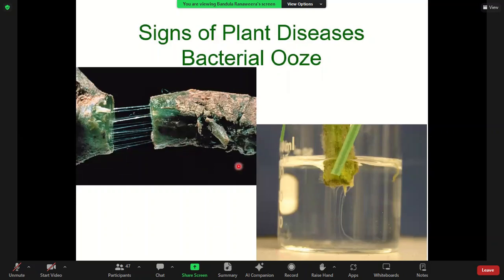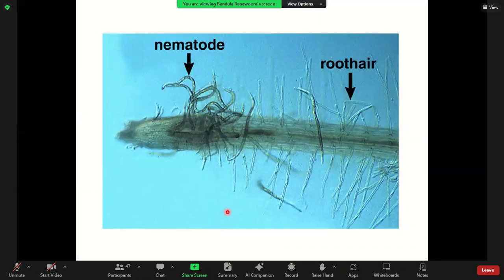So when you put an infected stem or root of a plant, that root or stem is releasing these types of ooze from the cut ends or damaged ends of vascular tissues like xylem or phloem. So signs of a bacteria, signs of nematode.